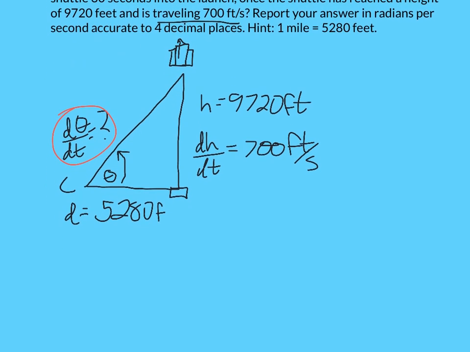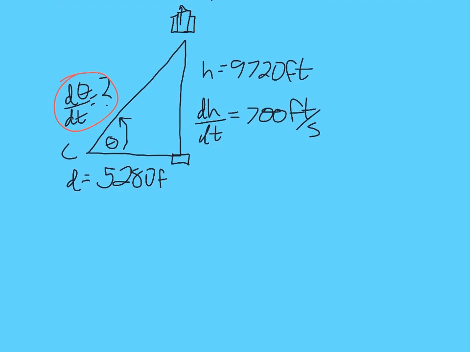All right, so I'm going to slide this up so we can really just see our picture. I need a relationship that includes theta and our other two pieces of information. So for this particular question, I'm going to use some trig. So I'm thinking tan theta is equal to opposite over adjacent, so that is height over distance.